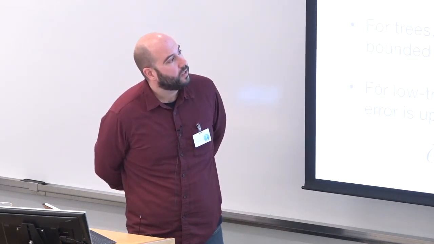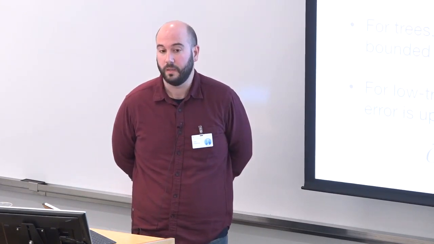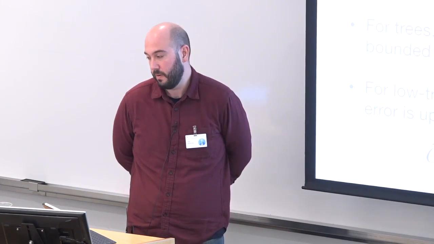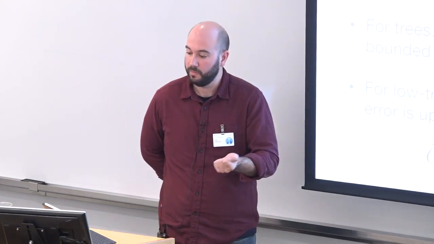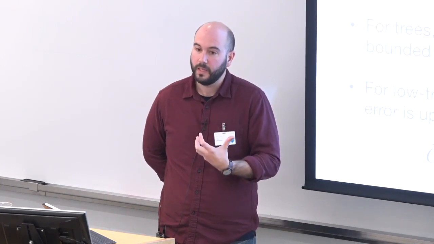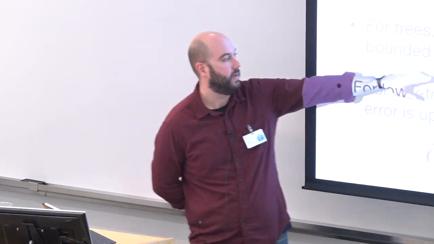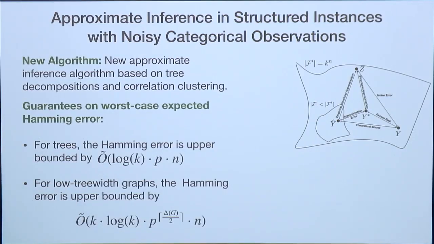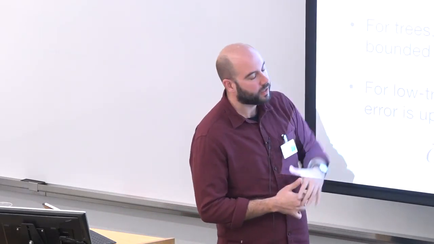So what we showed is that you can get an algorithm that is efficient. It's an approximation algorithm because you cannot really get the information theoretic optimal. But it comes with guarantees depending on how many labels I have, k, for my categorical random variables, and what the density, the structure of the dependencies, is. For a tree, our algorithm proceeds as follows.